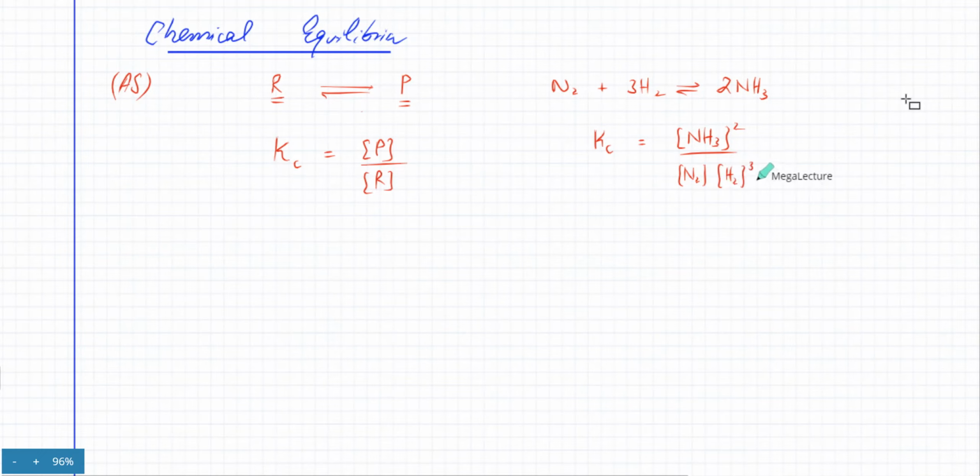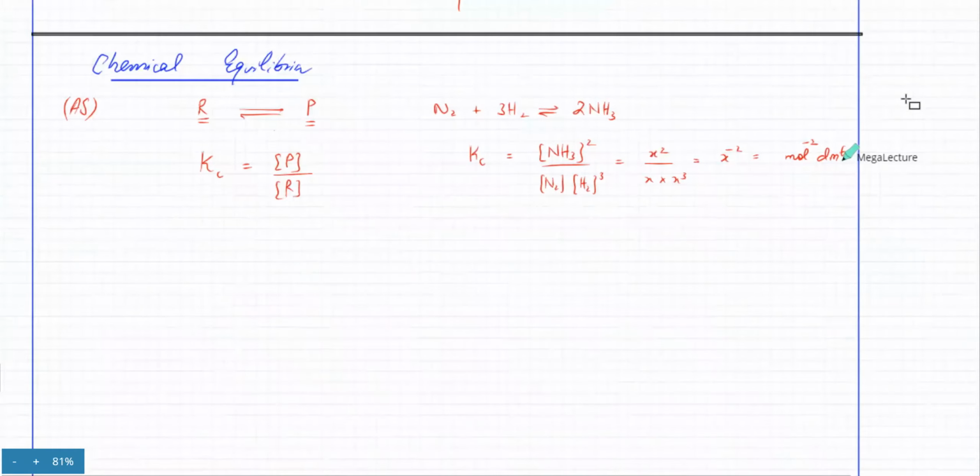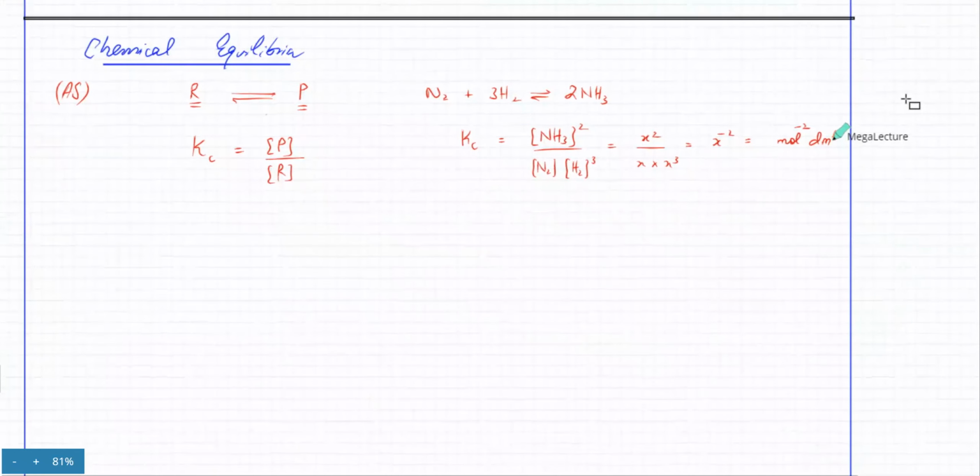You were also supposed to give the units for Kc, which in this case is concentration squared divided by concentration times concentration cubed. The answer comes out to be x to the power minus 2, where x is concentration in mol per dm cubed. So it's mol to the minus 2 dm to the 6. This is the unit of Kc.